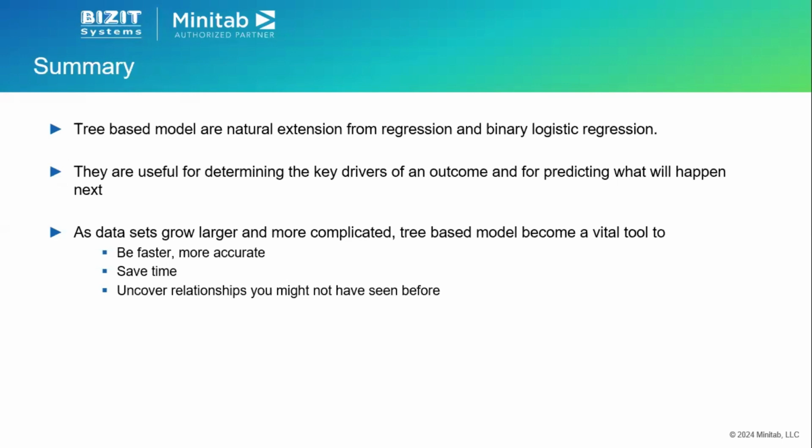So before that happens, you already know about it. And I think now you are already going for the smart factory, using sensors and these technologies, so your data may be a big data set. That's why we advise you to use the tree-based model. Because tree-based is faster, maybe more accurate, saves your time, and of course it will uncover your relationships.